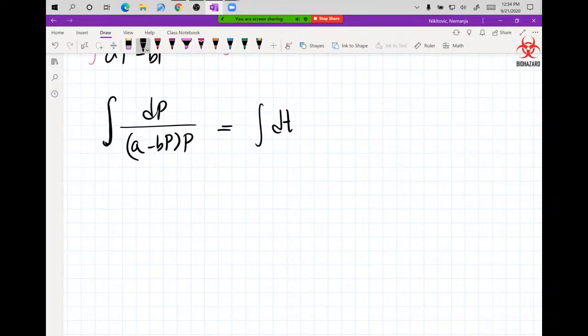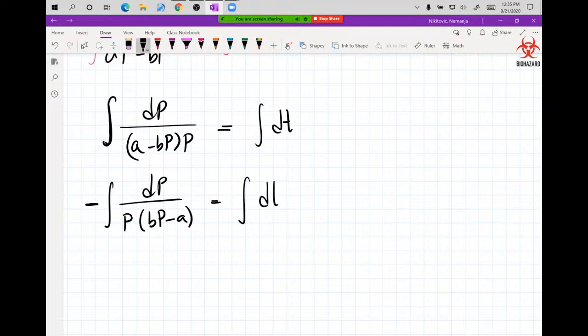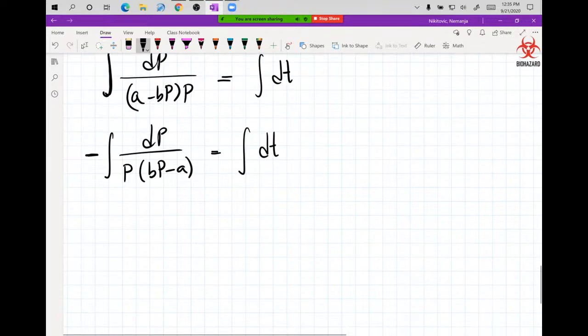And then you are going to swap this, so we'll kick the negative out, we'll put the p first, and then we do bp minus a, because I factored the negative, the parenthesis swaps. And then on the other side, you have now integral dt. This negative will jump to the other side. You have partial fraction decomposition here, and now this is all done.